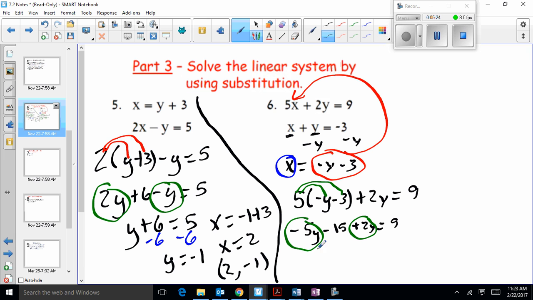I'm able to combine those, and I'm left with negative 3y minus 15 equals 9. Okay, so now I can add 15 to both sides. I'm going to work up here now since I'm out of room, and negative 15 and plus 15 cancel out. I'm left with negative 3y equals 26.